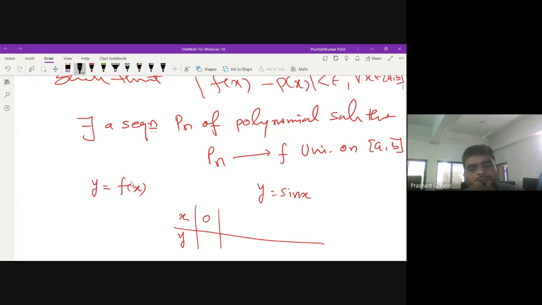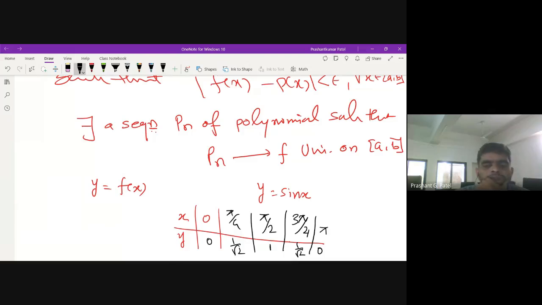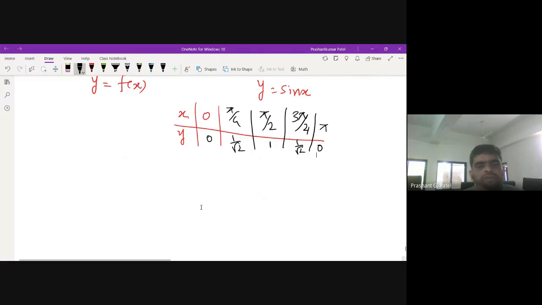So we will fix the points of x. Let's say it is 0, pi by 4, pi by 2, 3 pi by 4, and pi. Then correspondingly we will find the value of y. Sine 0 we know is 0, sine pi by 4 is 1 by root 2, pi by 2 will give you 1, 3 pi by 4 is again 1 by root 2, and pi will give you 0. And as per these values we will plot the graph.